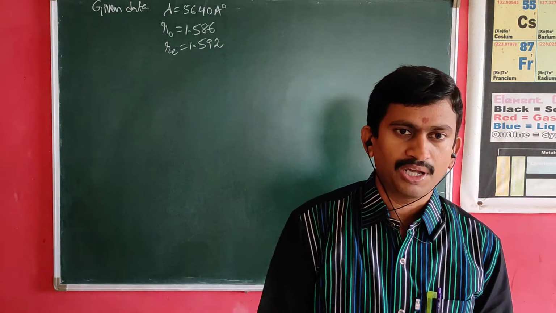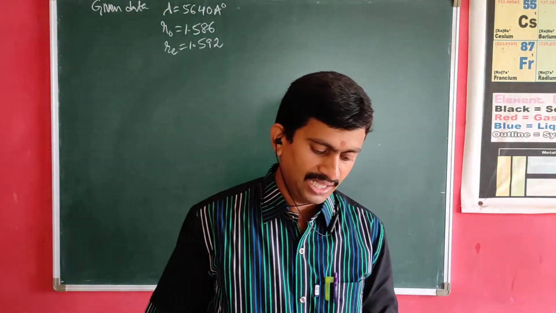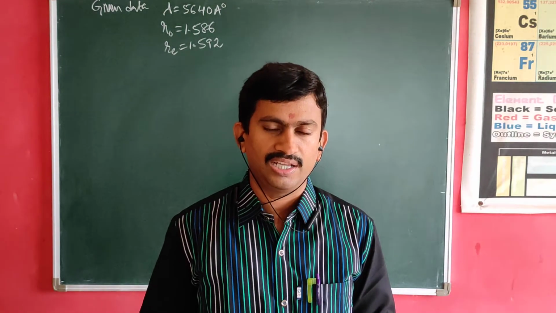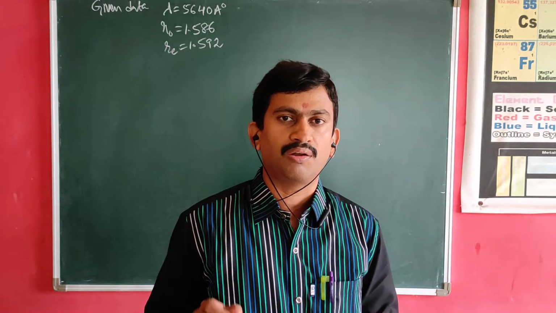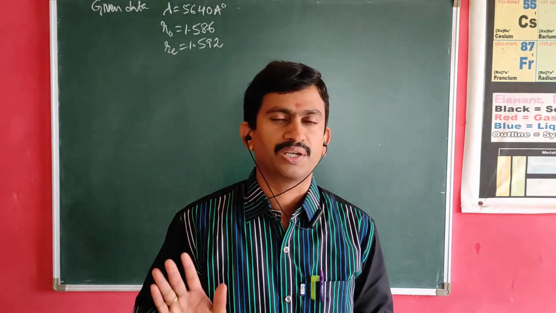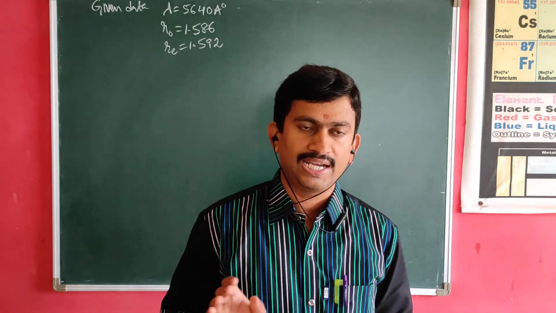I am repeating the problem. The indices of refraction for the ordinary ray and extraordinary ray in the mica are 1.586 and 1.592 respectively. So, the problem is very clear cut.